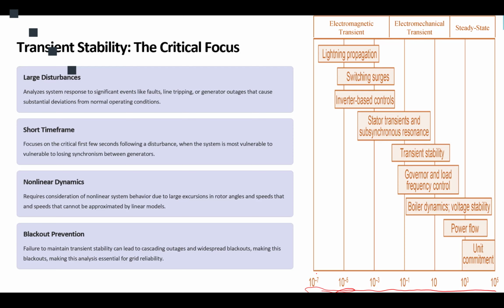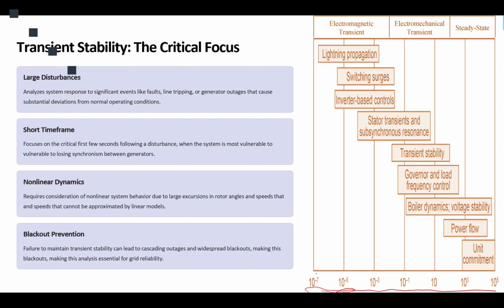Now we have electromechanical transients, which is basically the conventional definition of transients before inverters were introduced to the system. Those electromechanical transients have a higher time scale than the electromagnetic transients, and the transient stability that we talk about mainly covers that time scale.